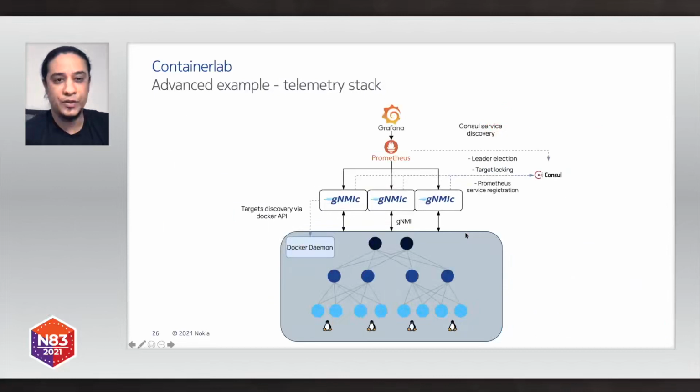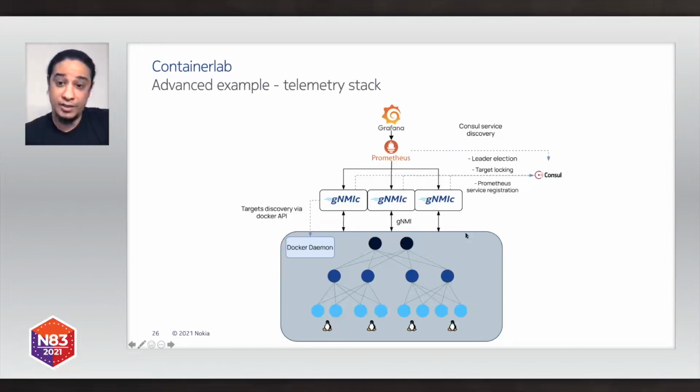So let's have a closer look at the telemetry stack itself. In this lab, we will have 3 instances of GNMIC running as a cluster. The 3 instances will use Consul for leader election and target load sharing and dispatching. Each instance of GNMIC will discover the nodes that are running in the topology using a Docker loader feature, which allows GNMIC to discover Docker containers running on a specified host.